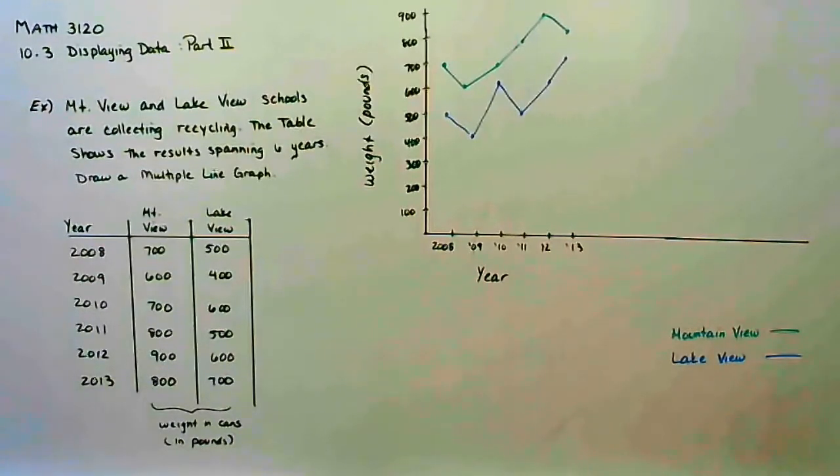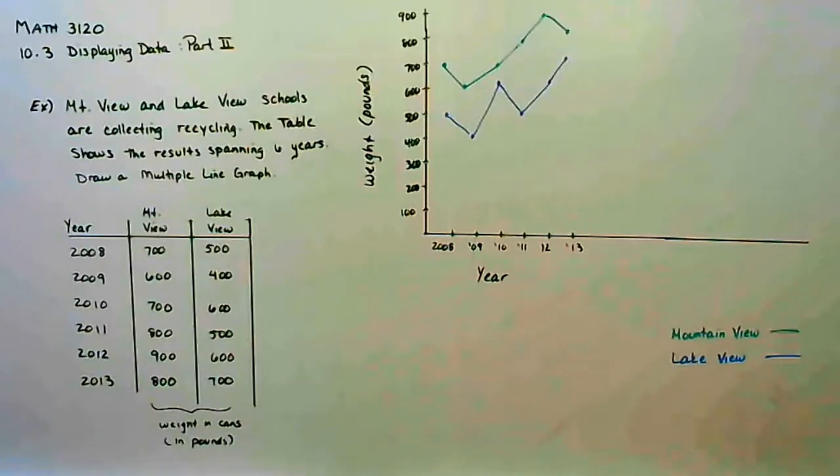You can have multiple lines on the same graph. All right, guys? So that ends the way to display our data. Some of the toughest ones are trying to figure out which way you want to display the data. So choose wisely.